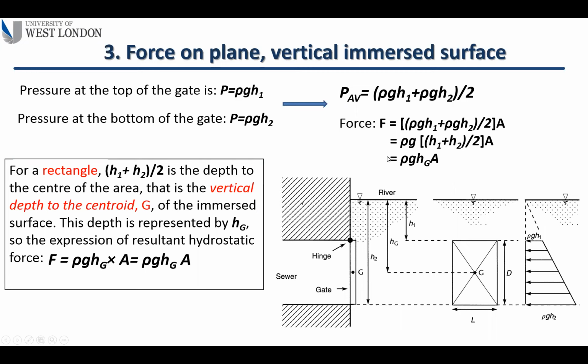You can use either way: calculate the pressure at the top and bottom, take the average of the pressure times the area, or find the centroid and its vertical depth hg, calculate the pressure at the centroid, which is rho g hg, and then multiply by the area. Both of them are acceptable. So this is the force on a plane vertical immersed surface.